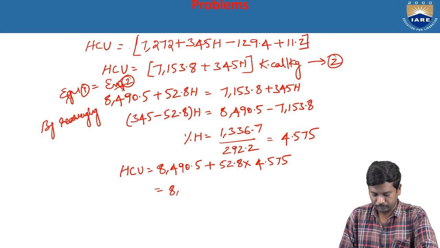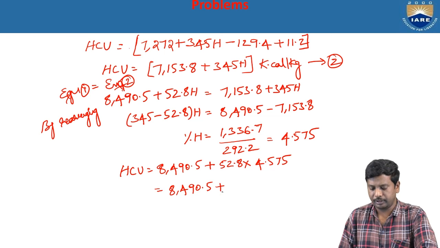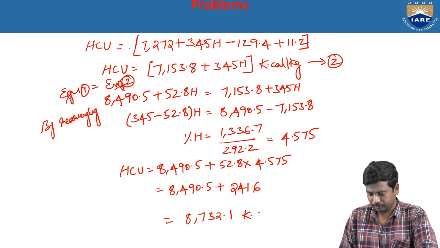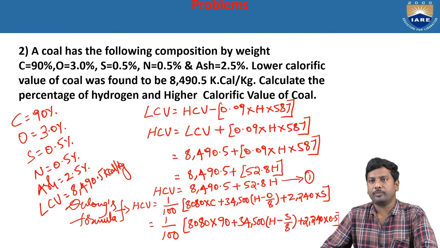So 8490.5 plus 52.8 into 4.575, you got 241.6. By the sum of these two values, we got 8732.1 kilocalorie per kg.